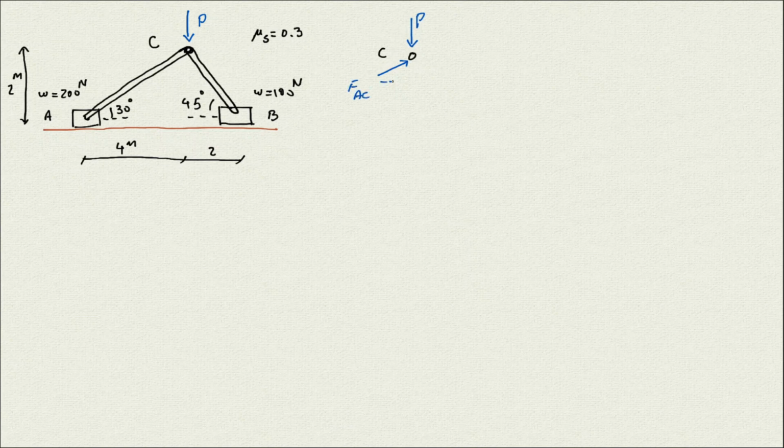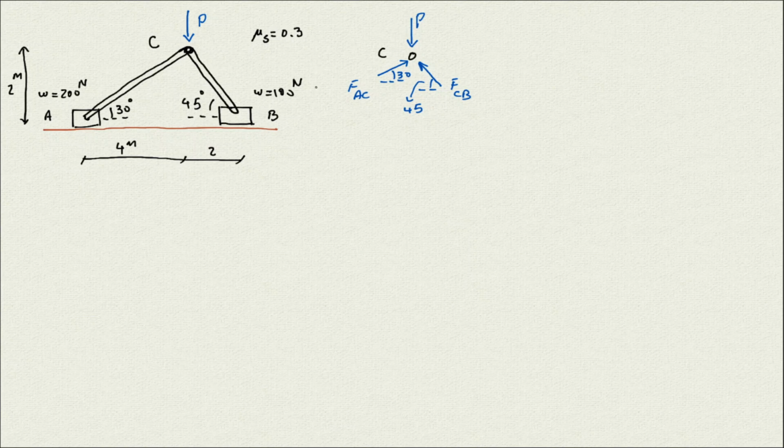And we know that that angle is going to be 30 degrees. And then we have the force CB, and we know that this angle is 45 degrees. So these are what we have at point C.